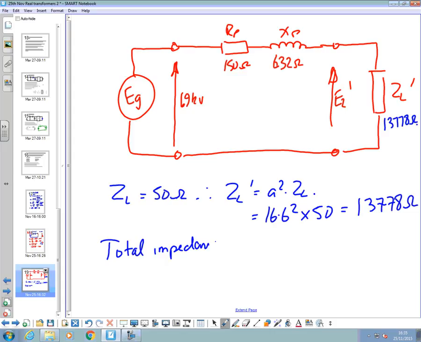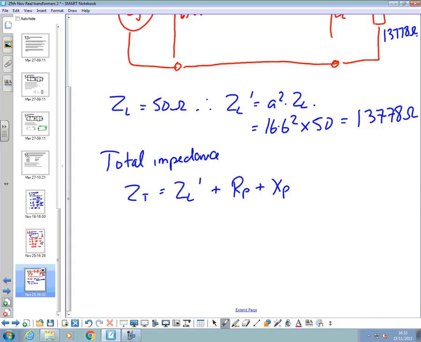So total impedance is that. Do you agree? Add them all up. 13778 plus 150 plus 632J ohms.